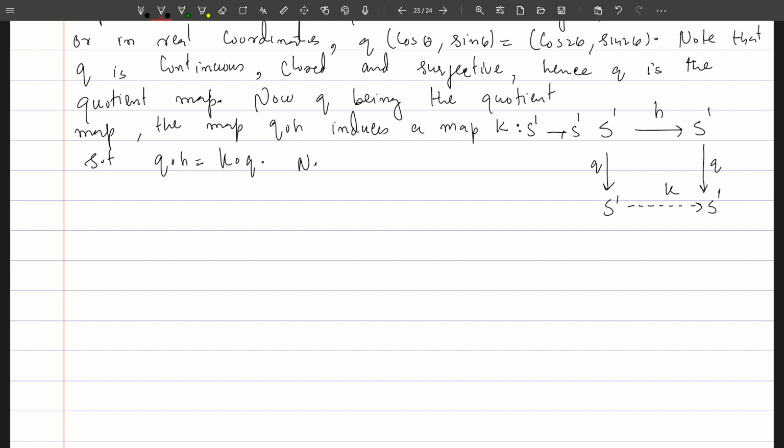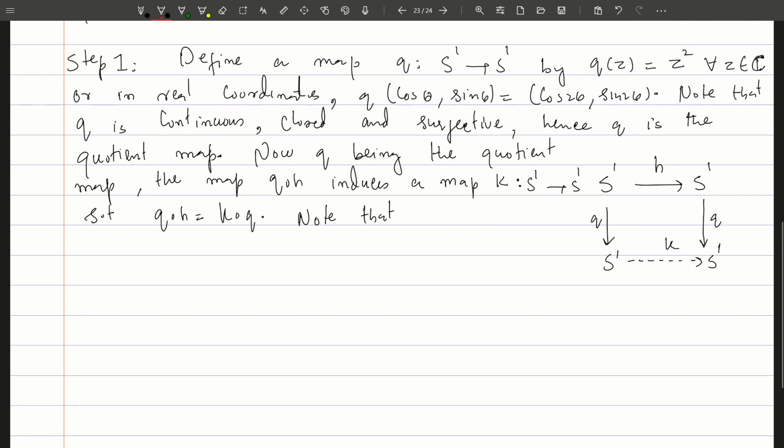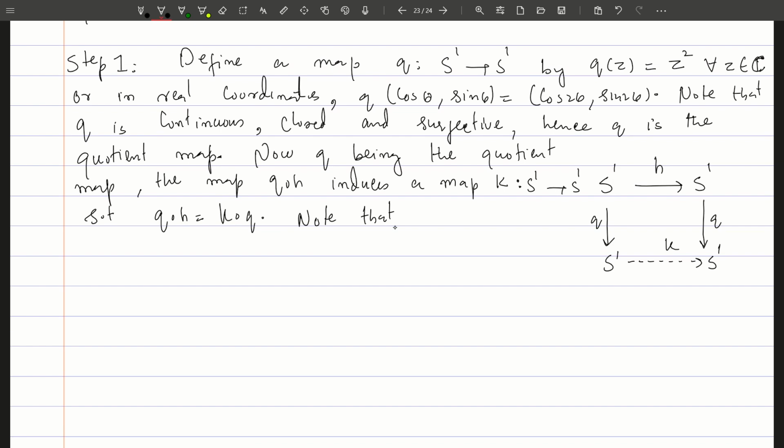Note that if we substitute Q of B naught, i.e. Q of 1 0 in this map, then we get the point 1 0 back. So note that Q of B naught is the same as B naught, and this B naught is the same as H of B naught, because this is what we have assumed in the hypothesis.